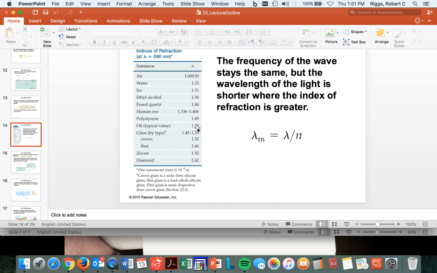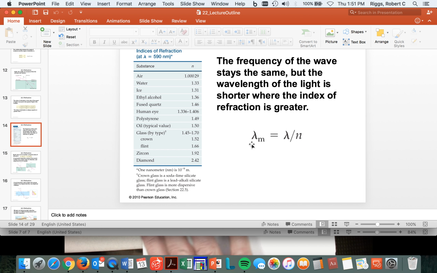We'll work on this on Friday. And so here's lambda in the medium equal to lambda in a vacuum divided by the index of refraction of whatever it is, and that changes the wavelength because the frequency does not change.